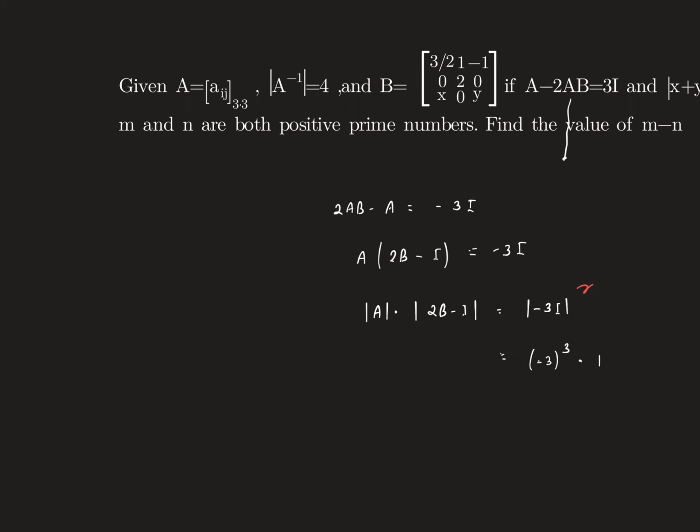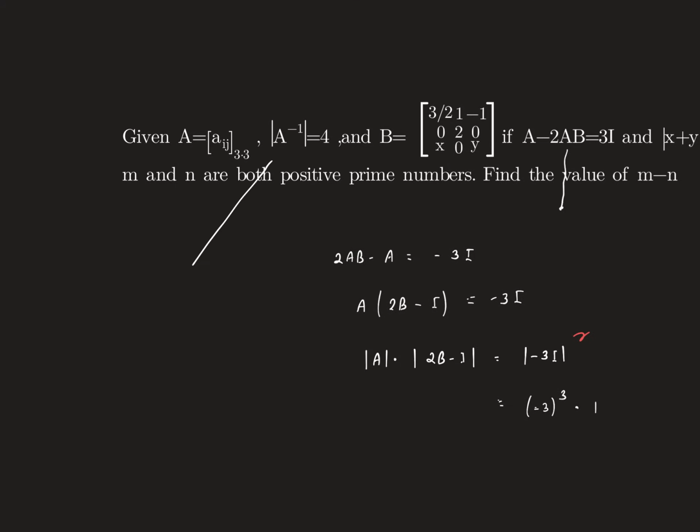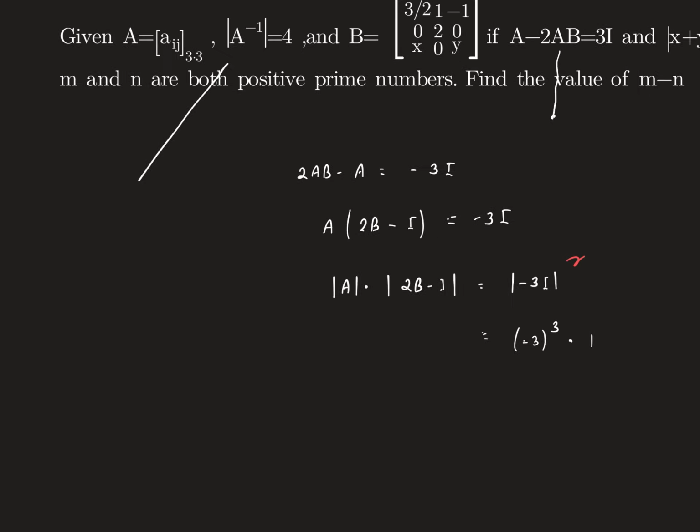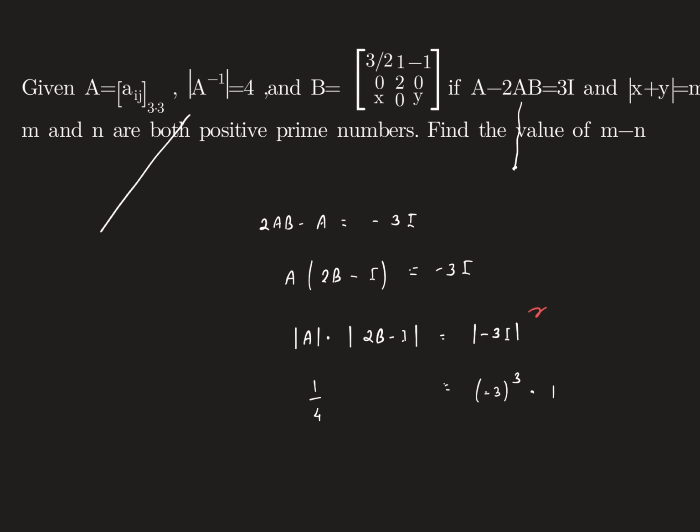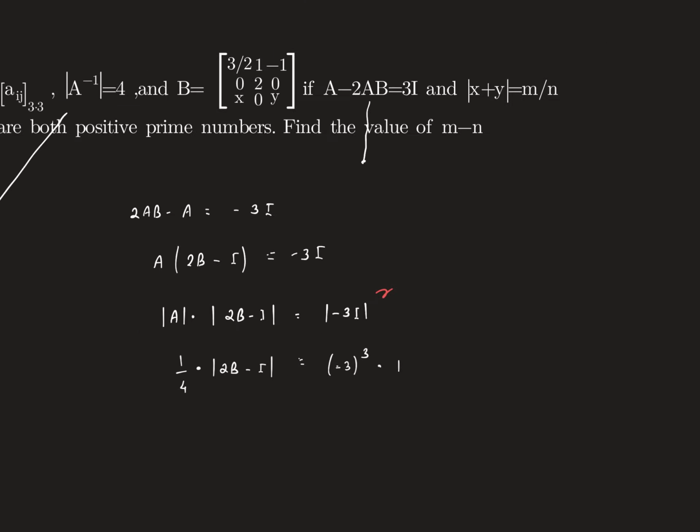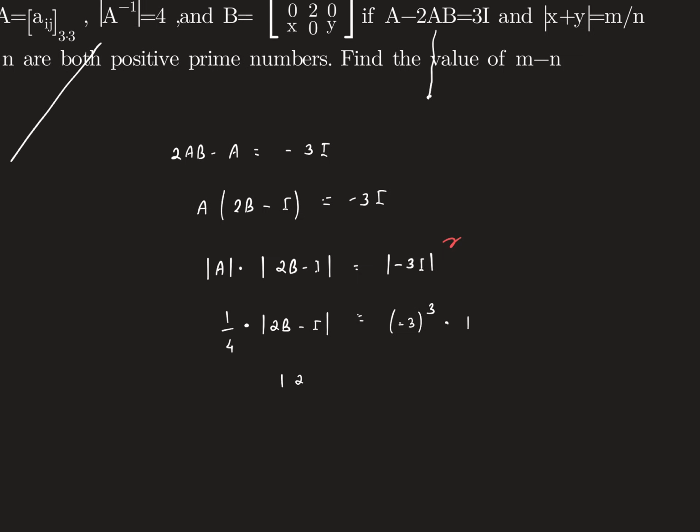And on the left side, since we know that the determinant value of matrix inverse A is 4, the determinant of matrix A is 1/4 times the determinant value of matrix 2B minus I. So the determinant value of this matrix equals -108, since I move 4 to this side.